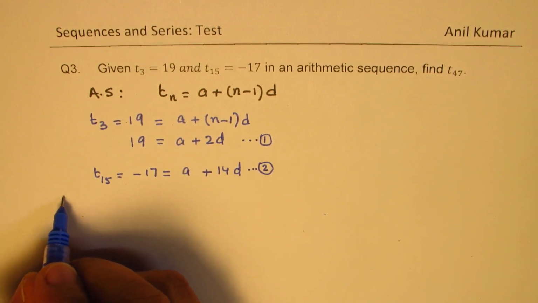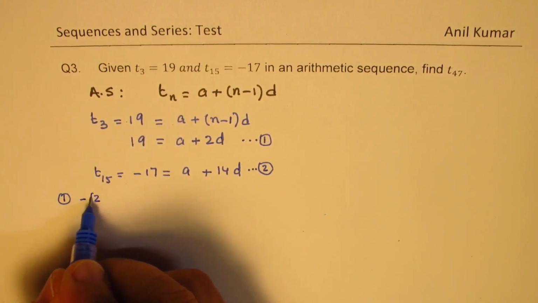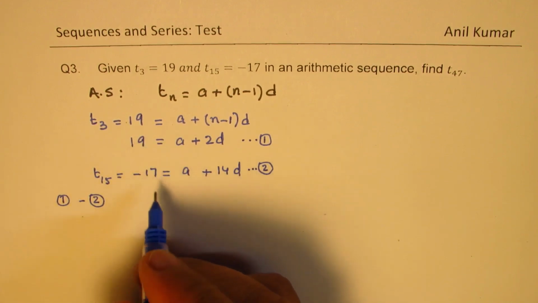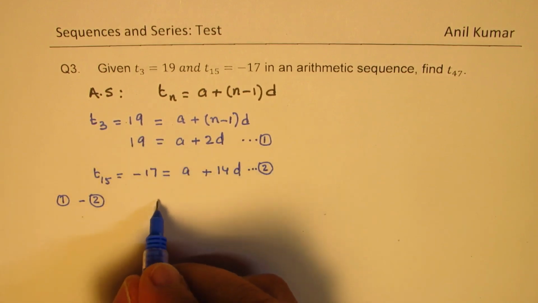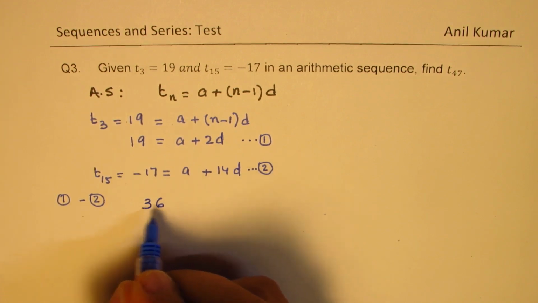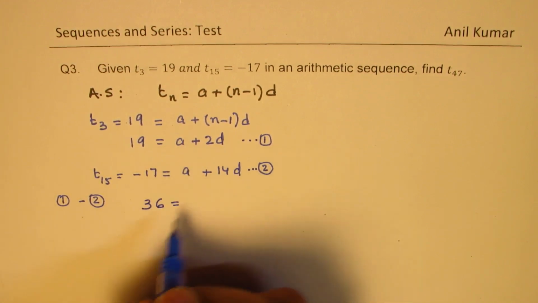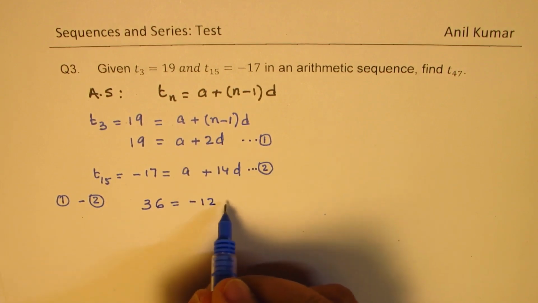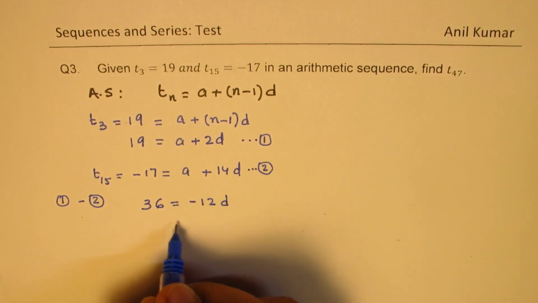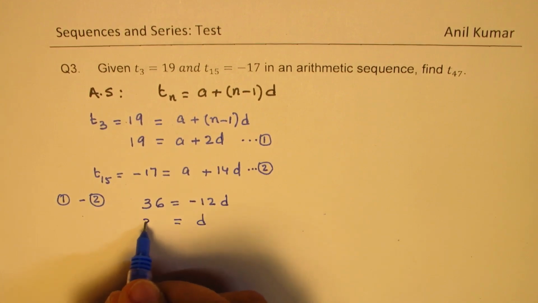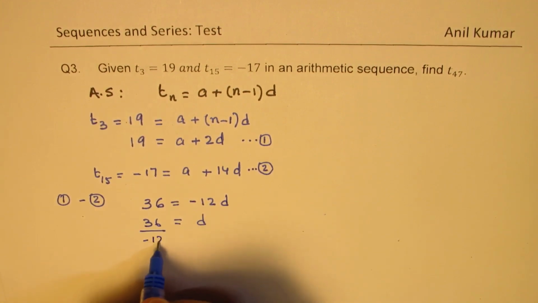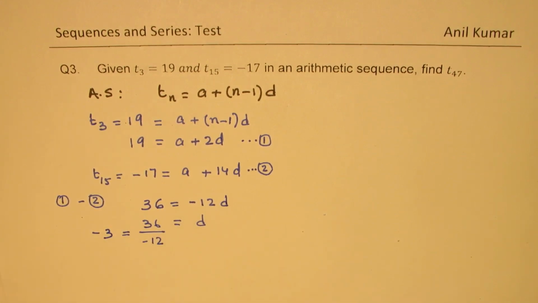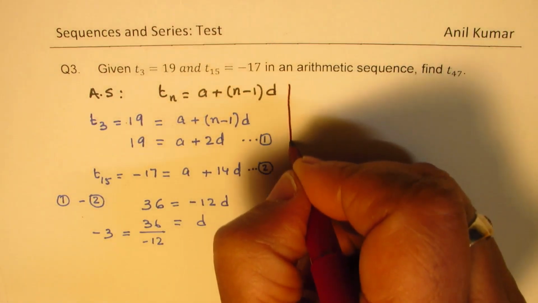If I do equation 1 minus equation 2, what do I get? 19 minus minus 17 is 19 plus 17, which is 36, equals a minus a, which cancels, and 2d minus 14d gives us minus 12d. That means d equals 36 over minus 12, which is minus 3. So we get the value of d as minus 3, correct?